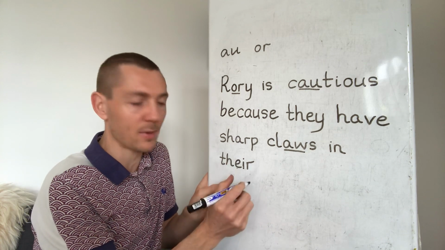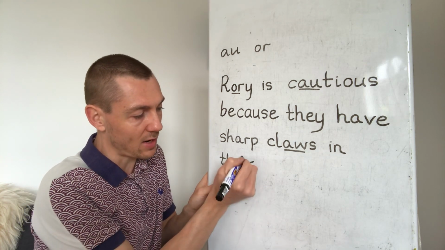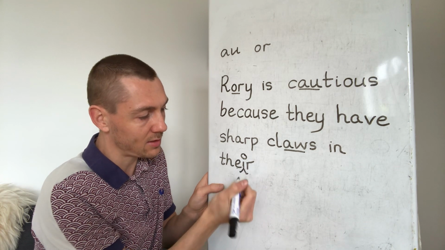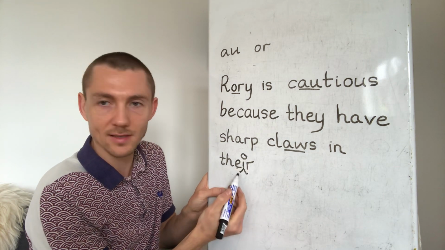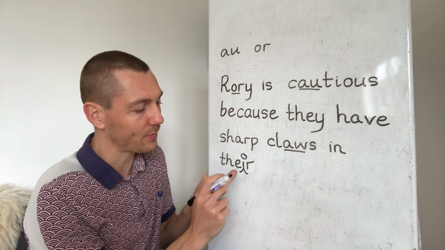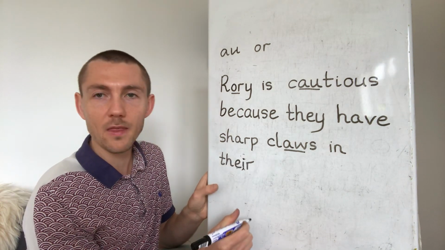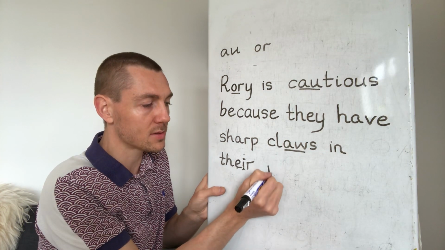Remember, you can always remember that because you can see the I is like a little person. So you know it's theirs, it belongs to them. Okay? Sharp claws in their paws.